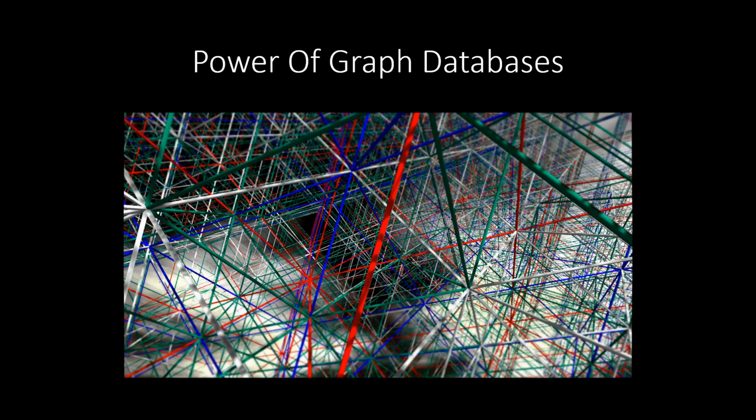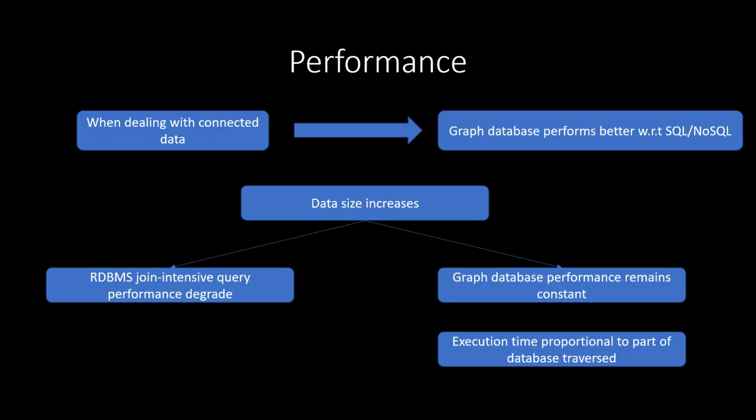Now we will see the benefits of graph databases that need to be looked at when exploring databases. The motivation exists in the form of a set of use cases that can be solved using graph databases. The performance improvements and agility help in handling changing business needs. When dealing with connected data, graph databases have a performance edge over relational and non-relational databases.